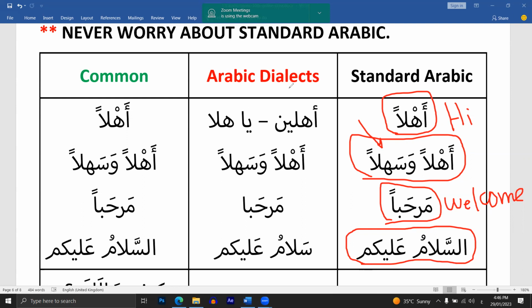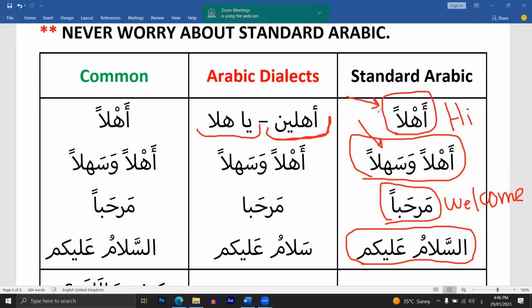In Arabic dialects, in daily Arabic, they are not much different. Instead of أهلا, you might hear أهلين in some countries like Jordan, Syria, Palestine, أهلين, or يا هلا. But if you use أهلا, like Standard Arabic, they will understand you.